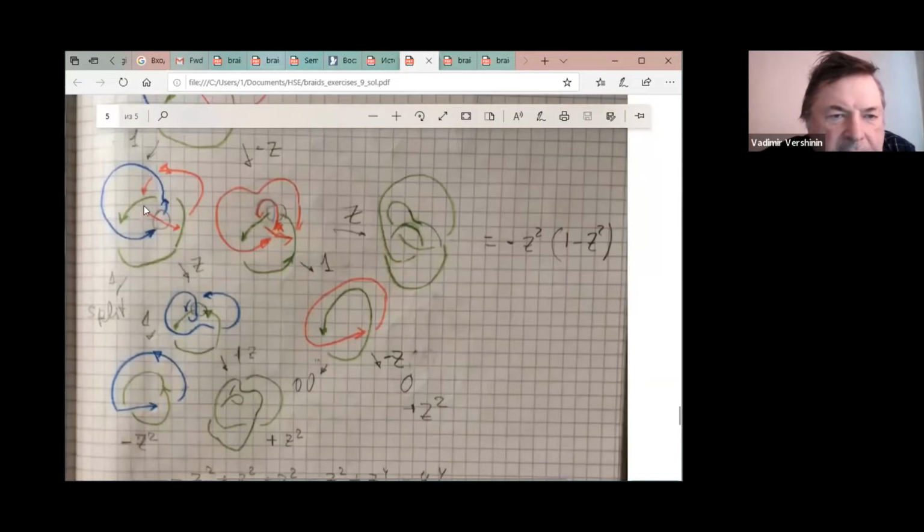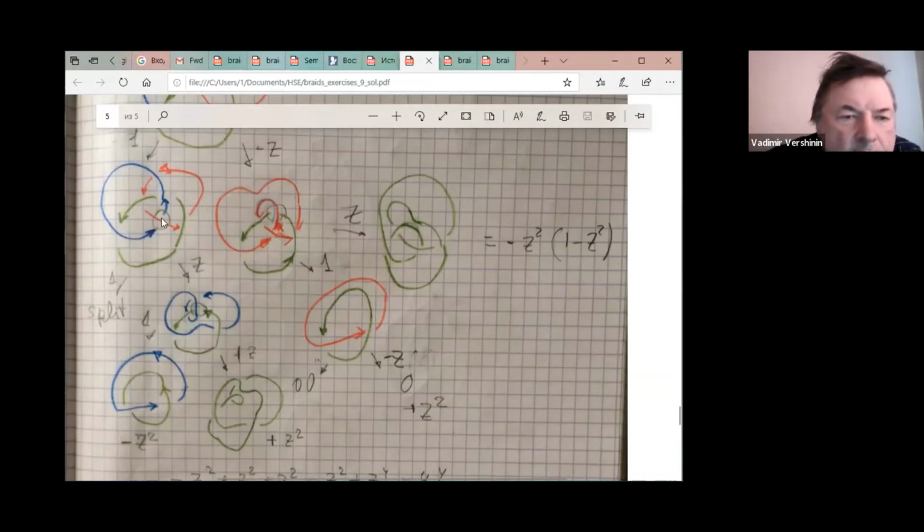Then we consider, for example, this crossing. What do we have? This overcrossing, this undercrossing. It goes this direction, so it is positive. Then 1 as usual, and z because it is positive.